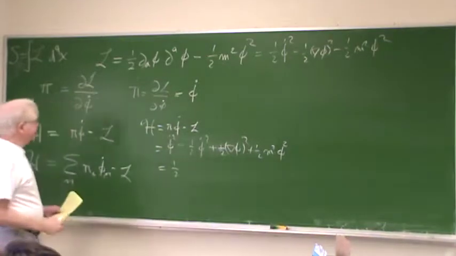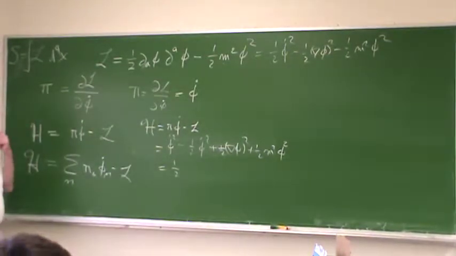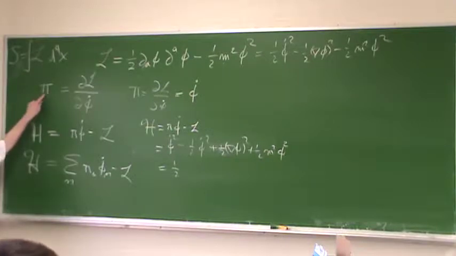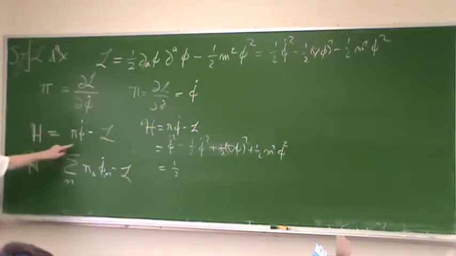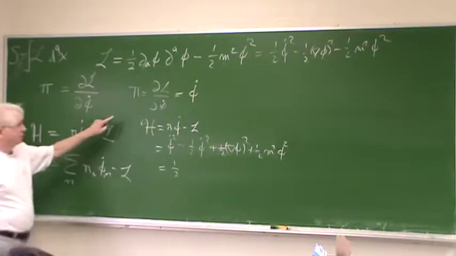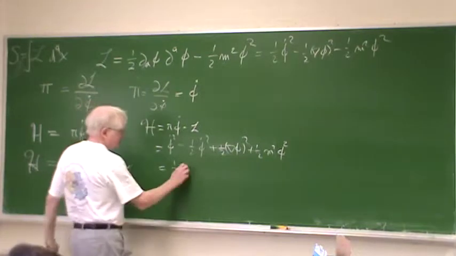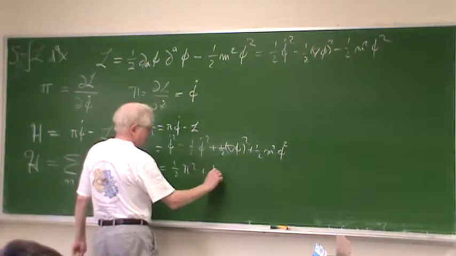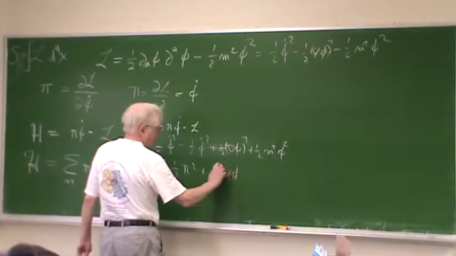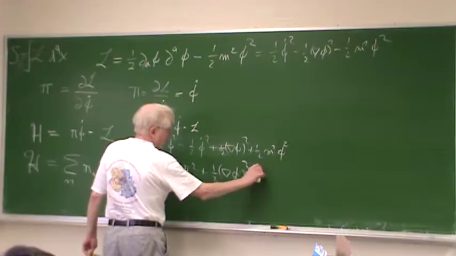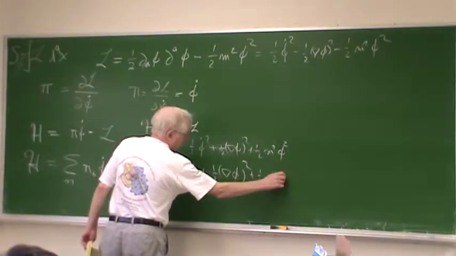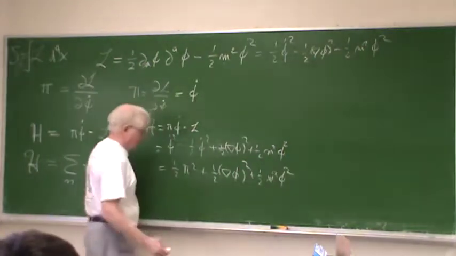Well, what we do if we want to be correct, we switch from phi dot to pi, and so instead of using phi dot, we use pi here. So this is a half pi squared plus a half grad phi squared plus a half m squared phi squared. Okay.